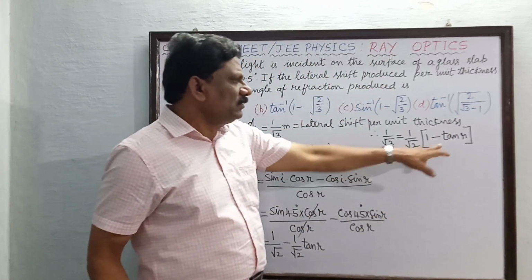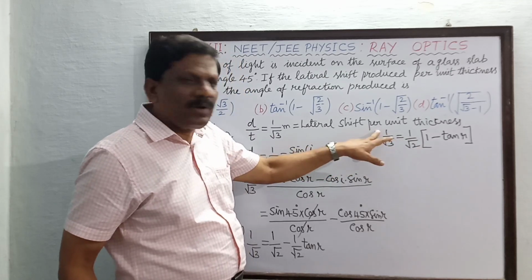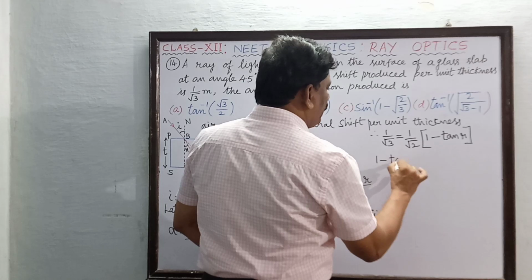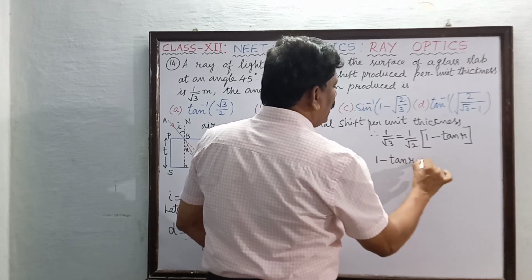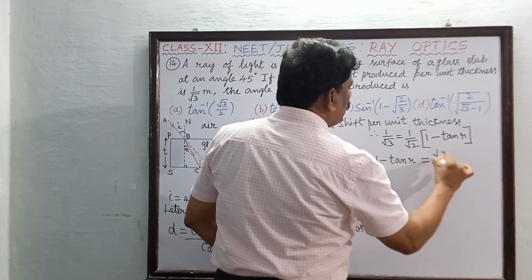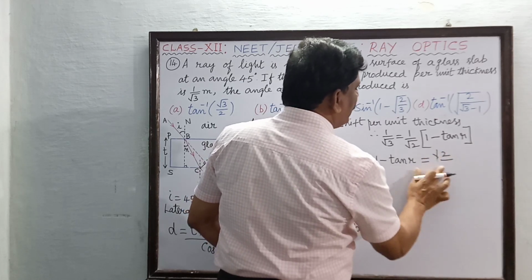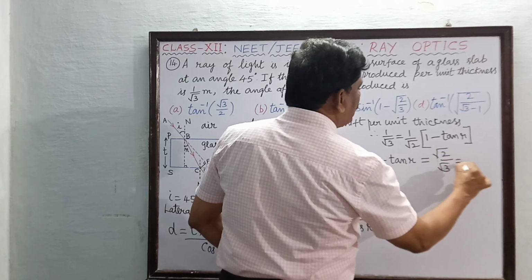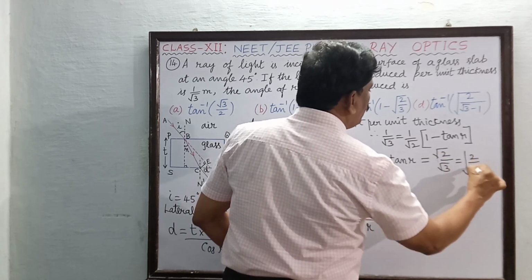Okay. Now this root 2 comes as a product on the left hand side. So 1 minus tan R is equal to square root of 2 divided by square root of 3. So this is square root of 2 divided by root 3, that is equal to square root of 2 by 3.